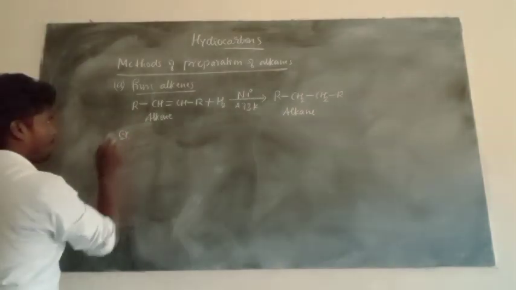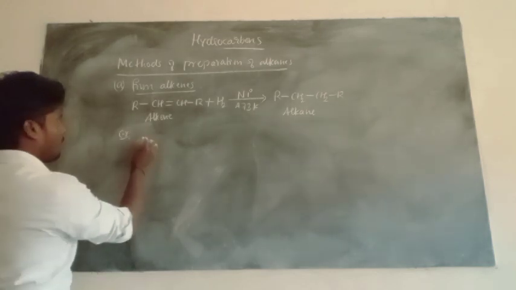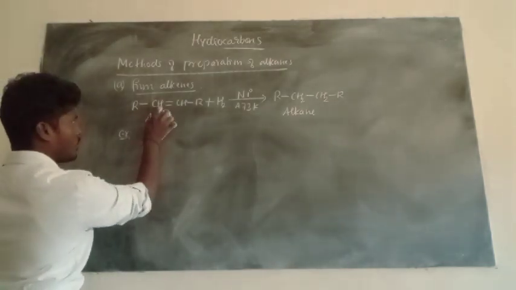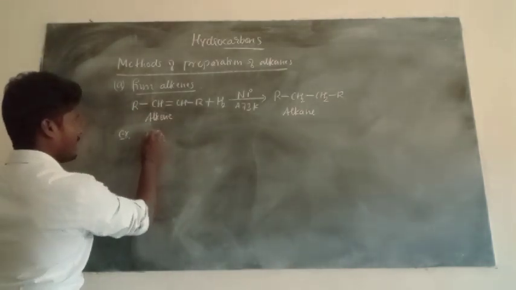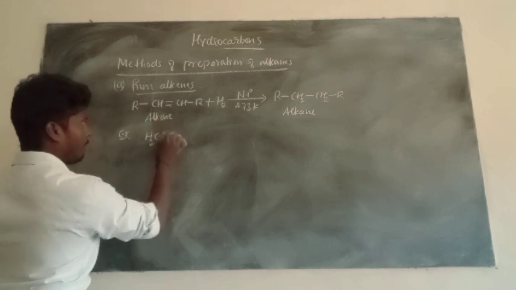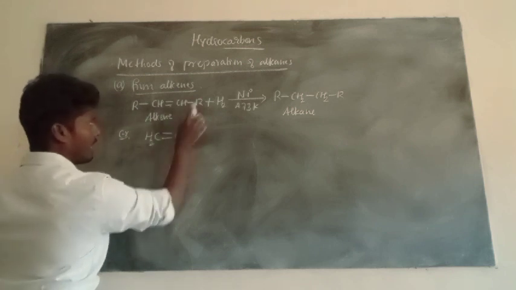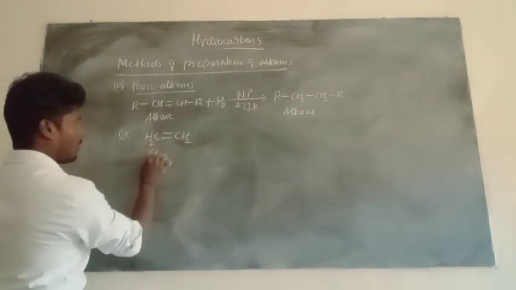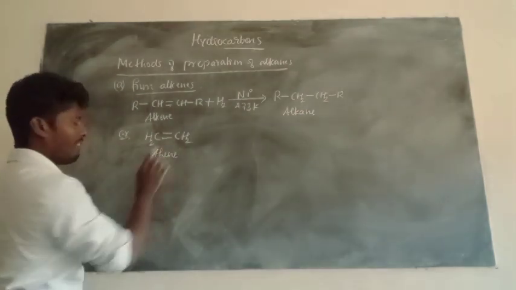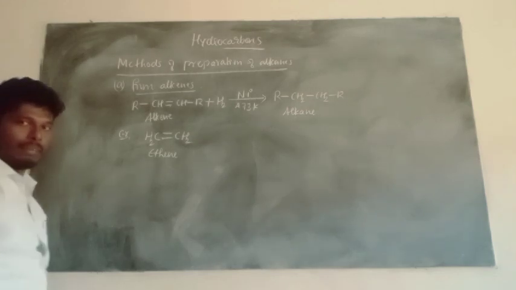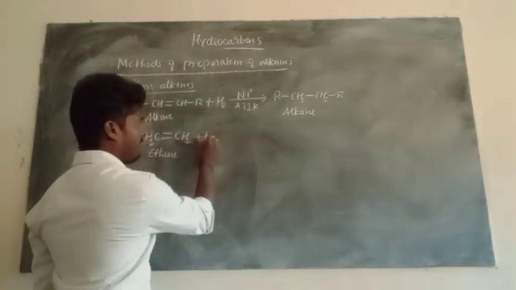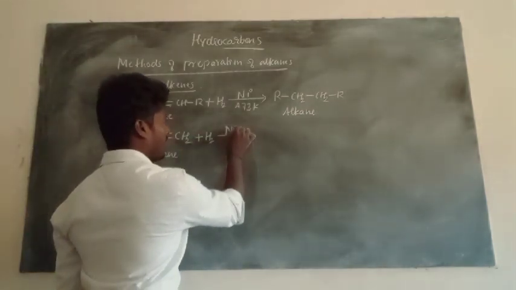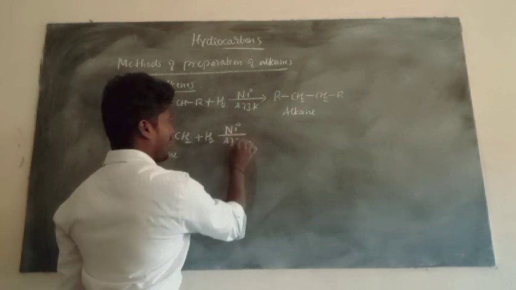Now take an example. If I take H and H, it becomes H2, then C double bond C, and H and H becomes H2. As a result you get this compound, which we call ethene, the first member of alkene. Now it is treated with hydrogen in presence of nickel at 473 Kelvin.